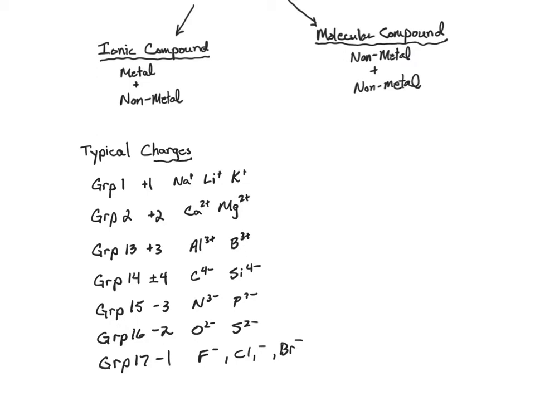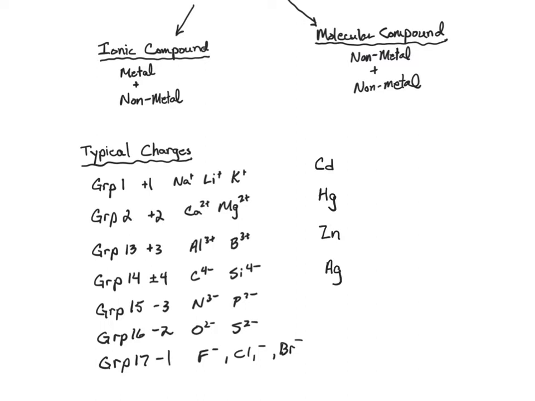Now, in addition to these, there are a couple of elements that show up kind of in that middle region of the periodic table that have charges that we can pretty consistently predict. And those would be things like cadmium, mercury, zinc, and silver.